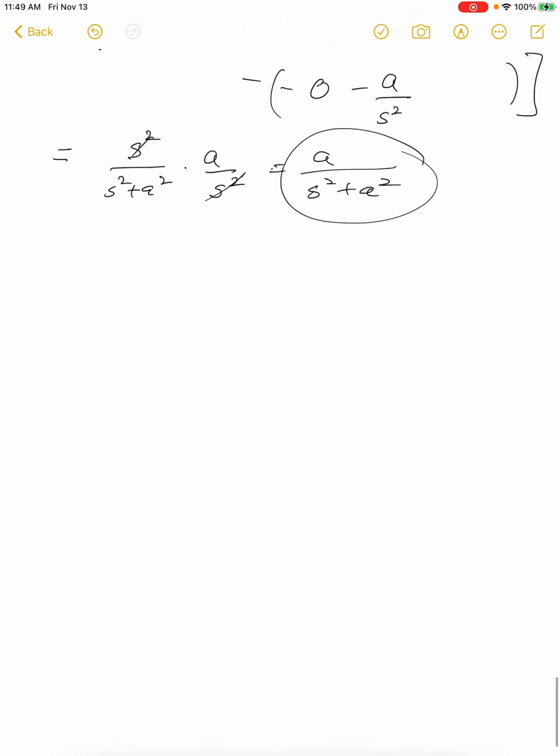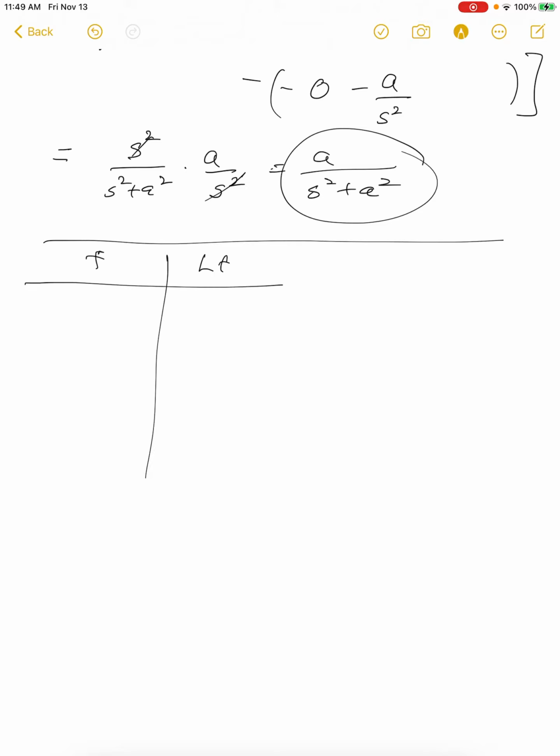So now I update my table one more time, and I'll write for you the first important table that we have achieved after doing this, the table of Laplace transforms. So if f is 1, the Laplace transform is 1 over s. For the function t^n, it's n factorial over s^(n+1). For e^(at), it is 1 over s minus a.